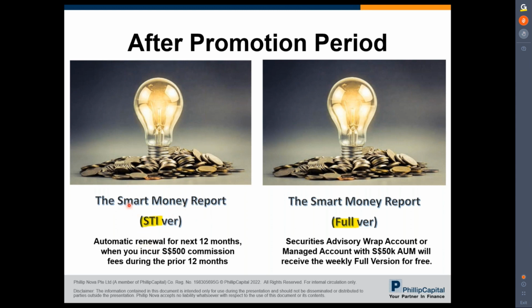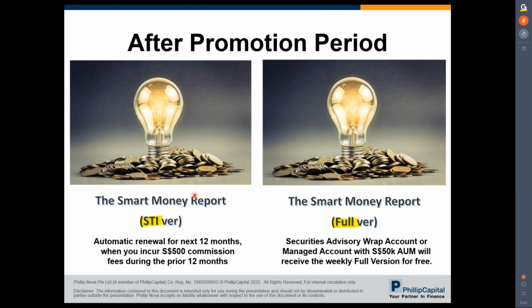Meaning that from the account opening until the 12 months, if you incur this $500 in commission through the products that you traded with accounts under my service, then you will continue to receive this report for the next 12 months.